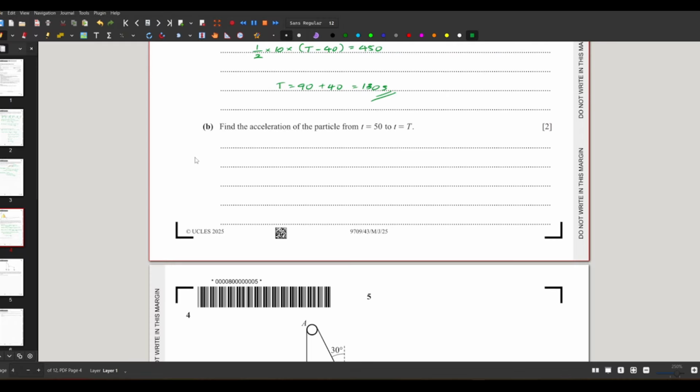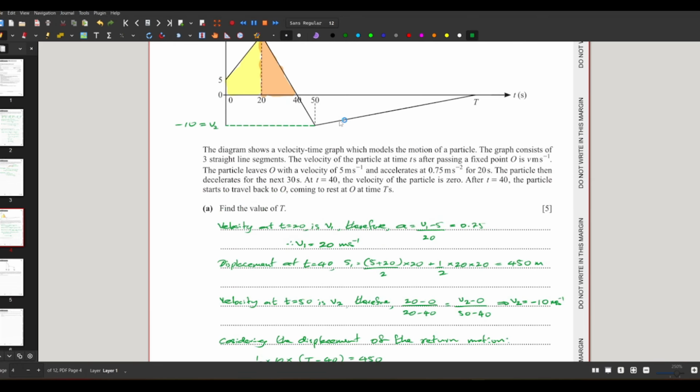And then find the acceleration of the particle from t equals 50 to t equals T. So 50 to T, that means this section.